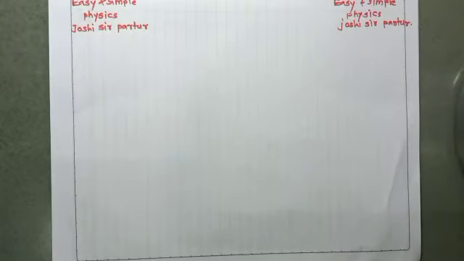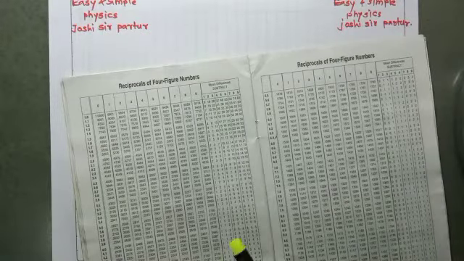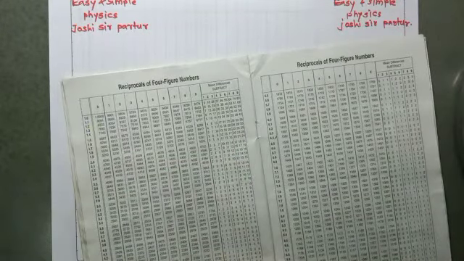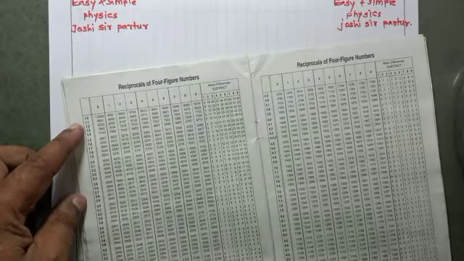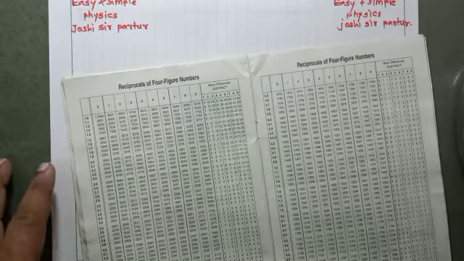See here, in this reciprocal of four figures table, the vertical column shows 1.0, 1.1, 1.2 up to 5.4.